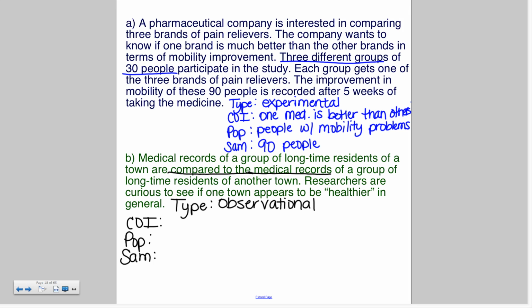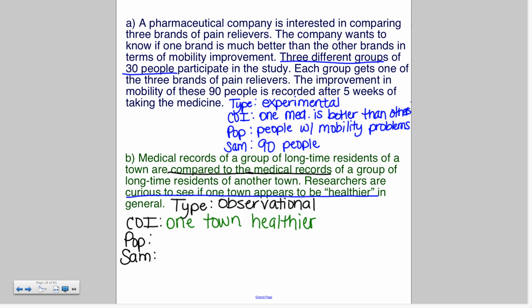All right, my characteristic of interest, if you look, they're curious to see if one town appears to be healthier. So, is one town healthier than the other? One town is healthier. All right, that's what I'm wanting to know about.